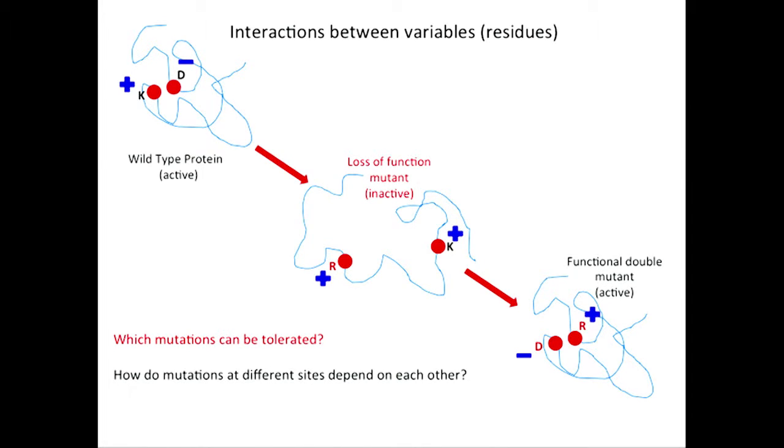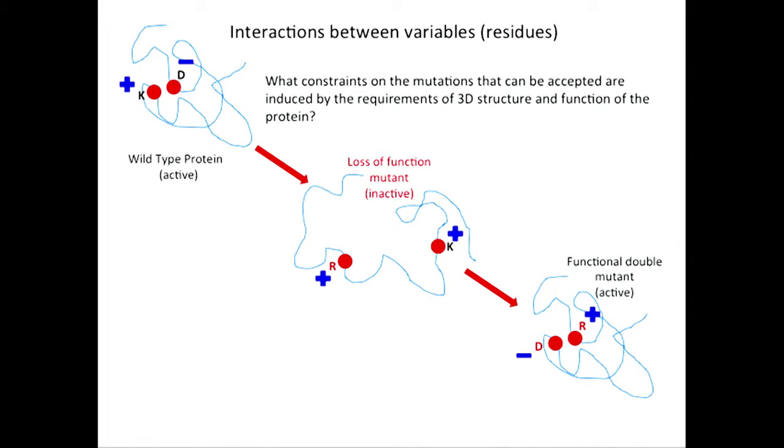So the idea is that in the sequence database, you either see this combination, right, or this combination. But we'd never see this interim combination because this is not a functional folded molecule. Okay? So essentially, we're asking, how do mutations at different sites depend on each other?